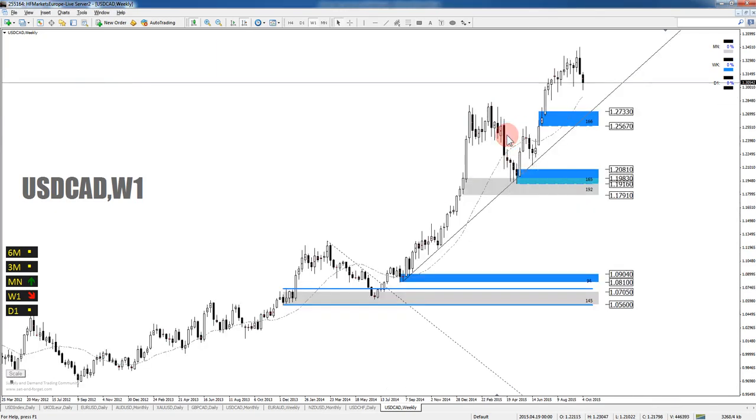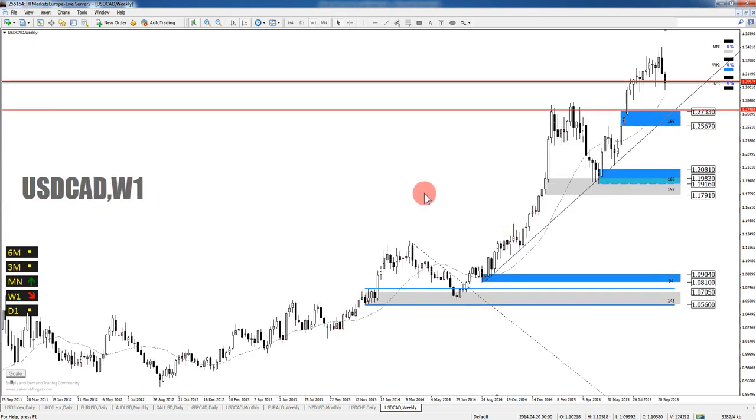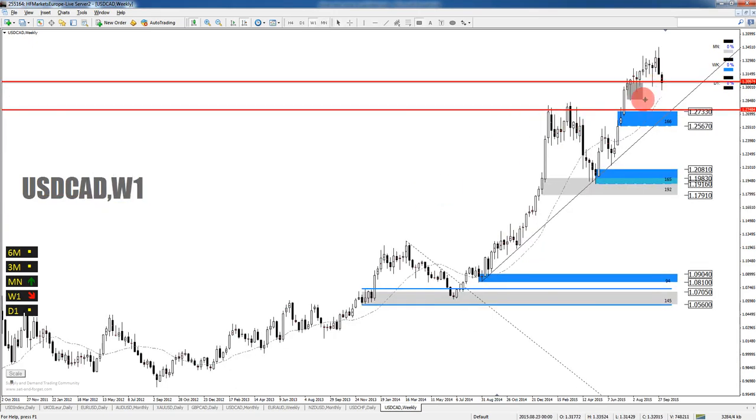So if we look left here, probably there was the monthly area supply. There it is. So the top of it was right there. So this area there is the one holding the weekly area of supply that took out a monthly area of demand. Well, it was this one that caused the movement, very powerful. Took out this thing, which is not supply, but there was this retest of monthly area of supply.